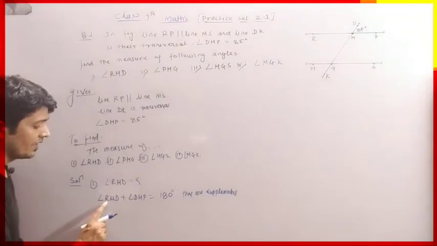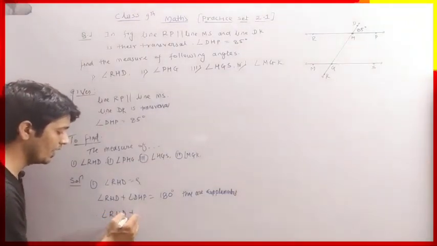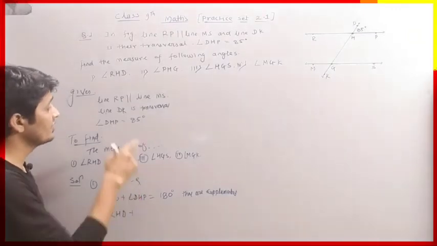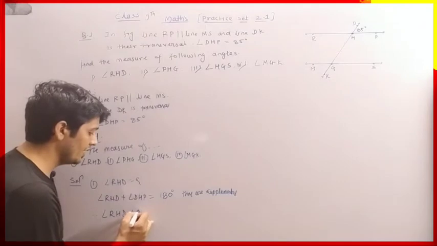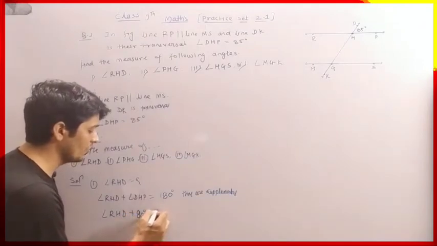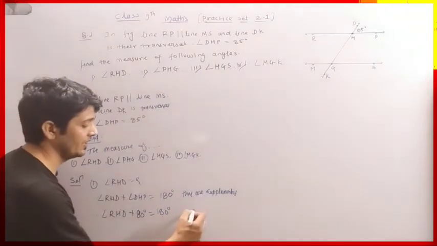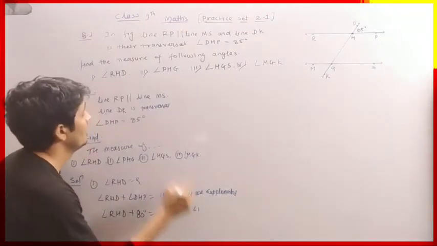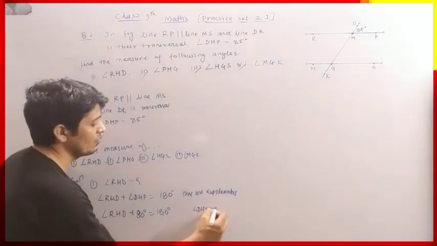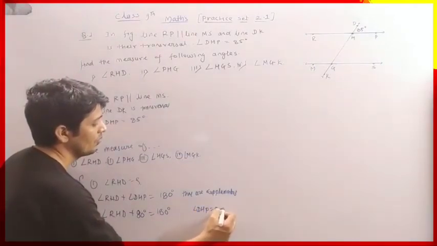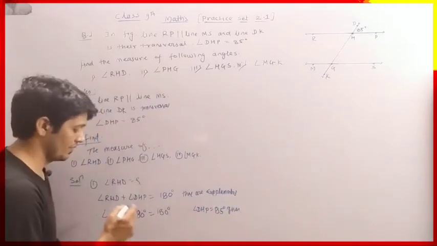Therefore, see, angle RHD plus DHP, and DHP is given as 85 degrees. So we write 85 degrees equals 180 degrees. Since we have to write the reason: since angle DHP equals 85 degrees, it is given.